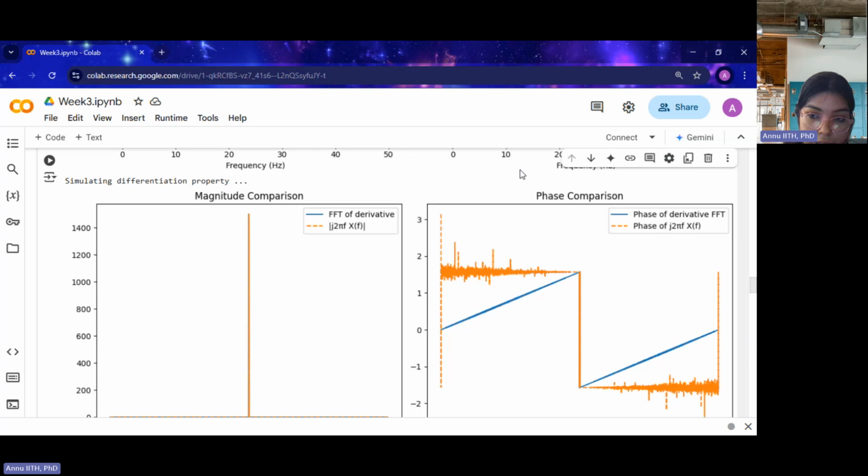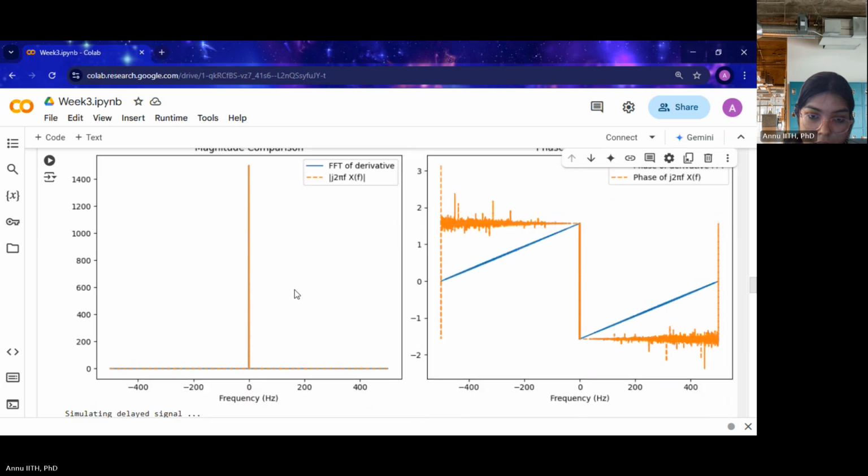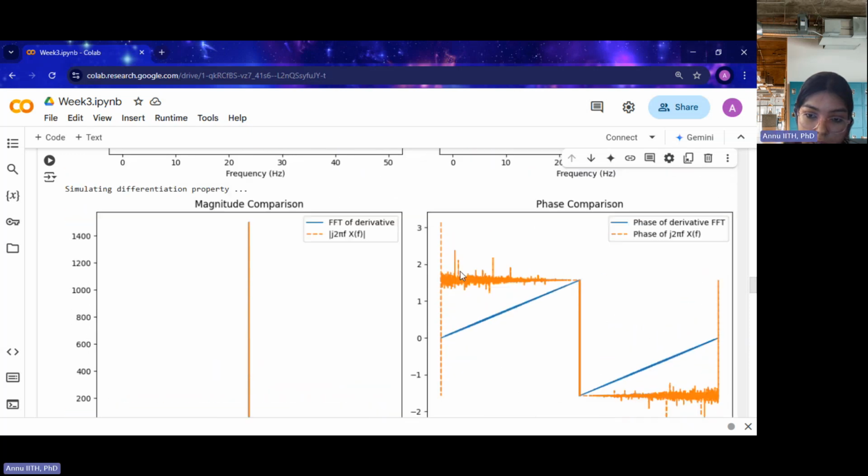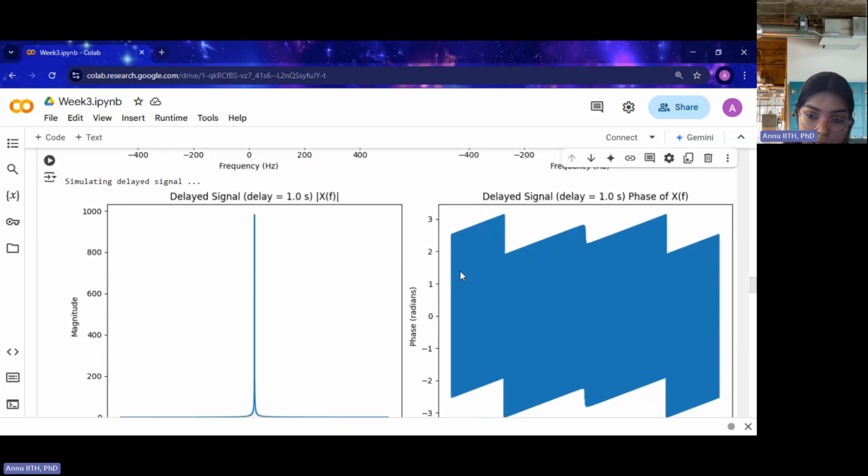Magnitude comparison, phase comparison. FFT of derivative. This is phase comparison. Delayed signal, 1 second phase of X(f).